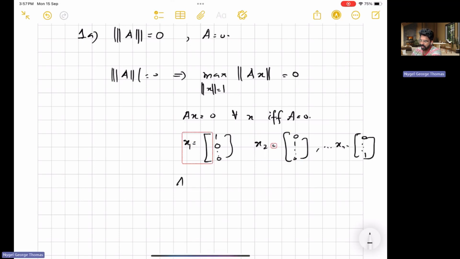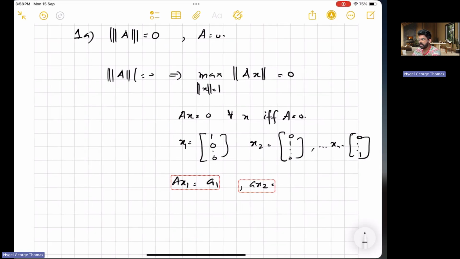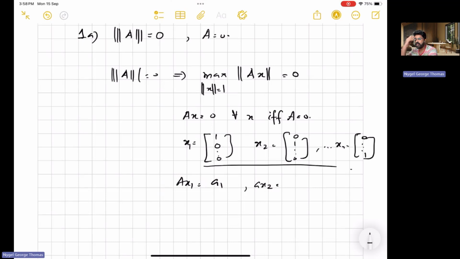If you multiply A with x1, you end up getting the first column. Similarly, A times x2 gives the second column. And all these values are in fact 0, which means that A has to be 0. We're just looking at specific n vectors which are feasible solutions.